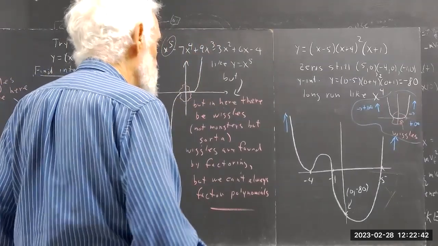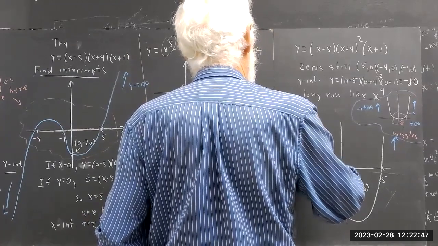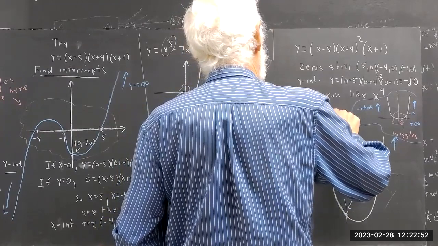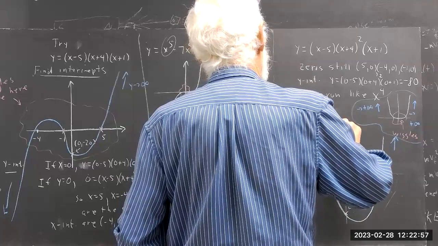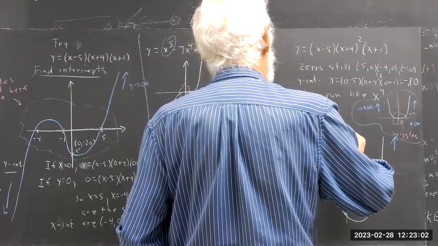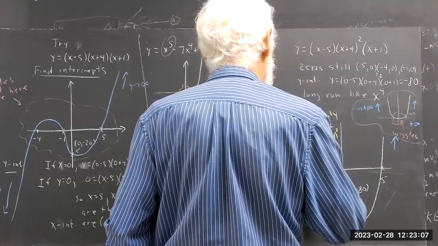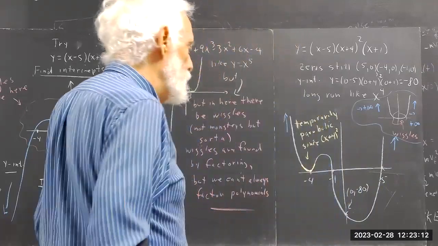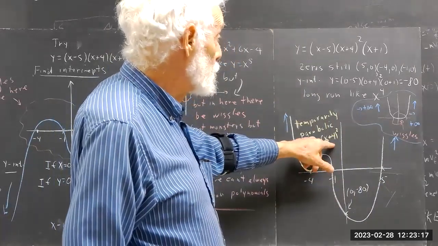The graph is temporarily parabolic here, since we've got an x plus 4 squared.